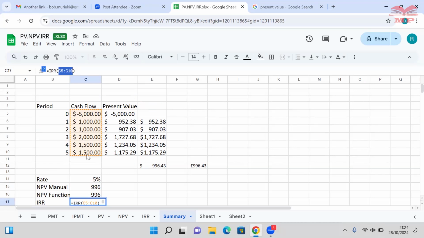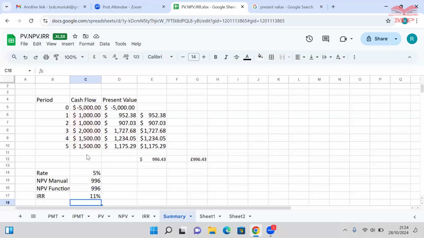I hope that makes sense. But with IRR, you're putting everything inside the same basket, and it is generating some percentage amount. And this percentage you will compare with this rate. This is the rate I was saying you would have been given. So if this is higher than that rate, then that's a good thing. If it is lower than that rate, then there's a problem with that investment.